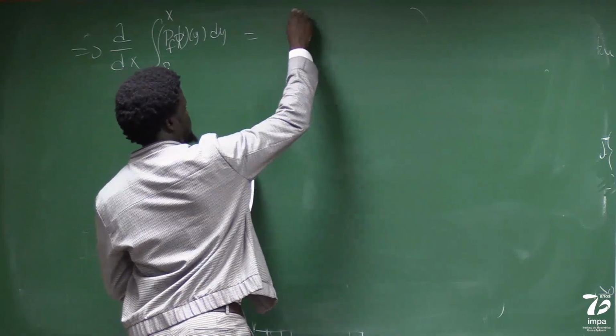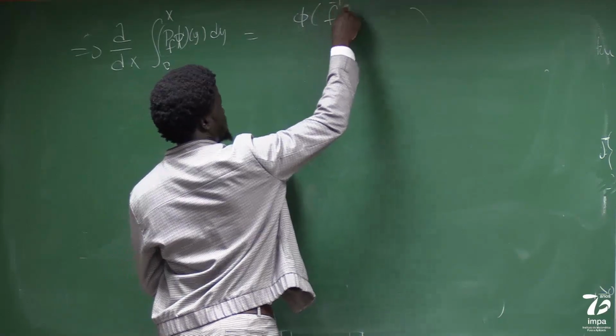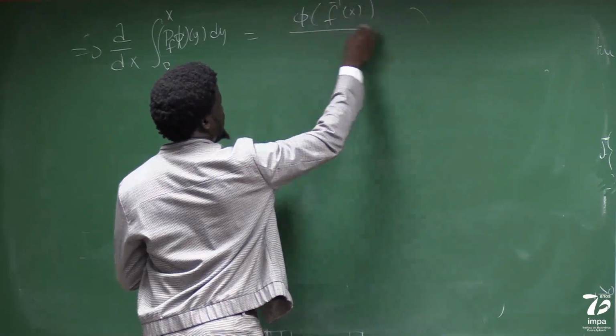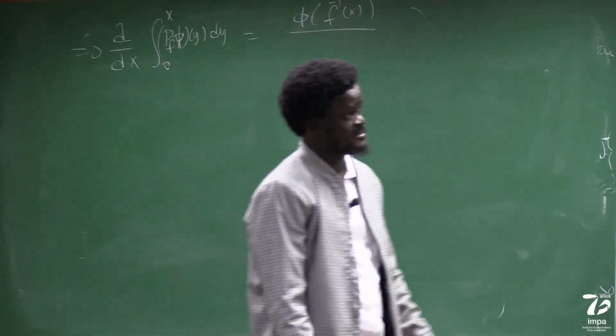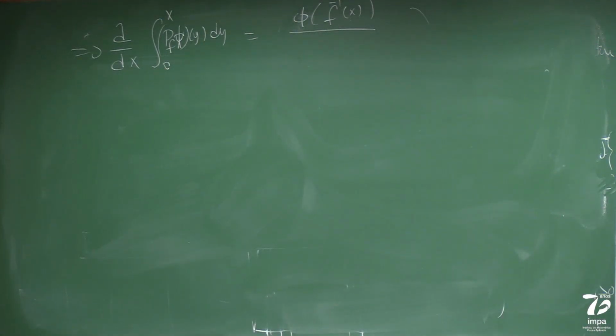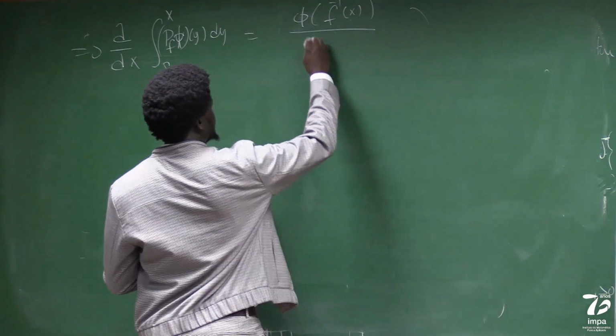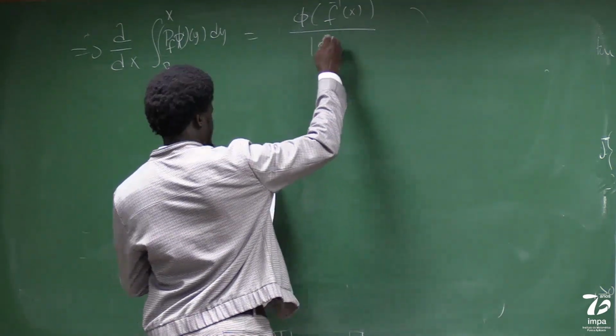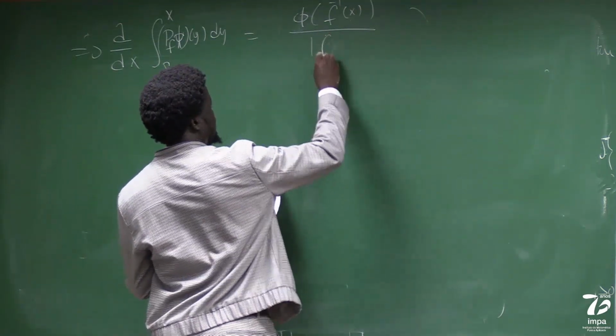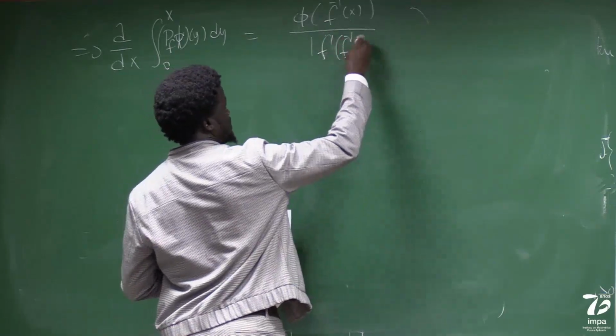This guy is phi at F minus 1 x over the absolute value of F prime at F minus 1 x.